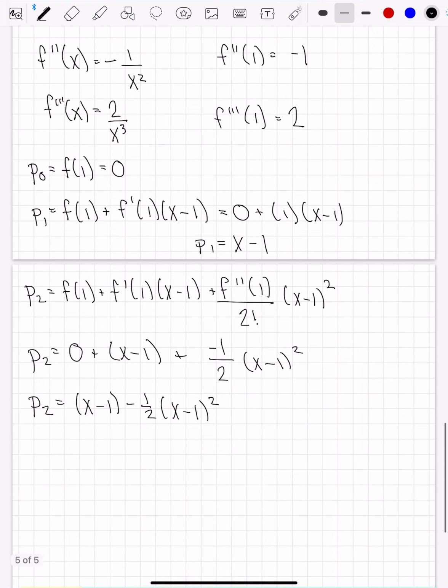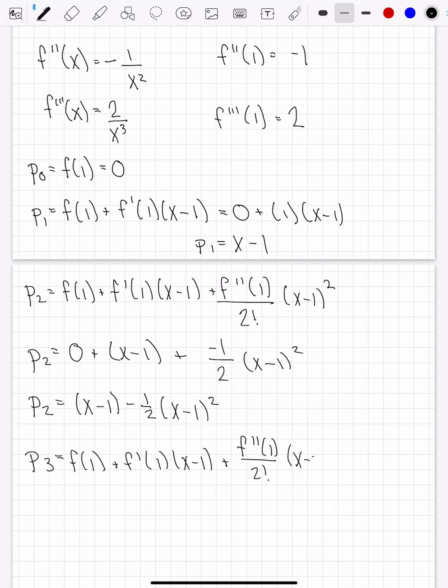And then finally, last but not least, we do P3, which is all of those terms that we already had for P2. I'm just writing out the formula for completeness' sake, so you can see it, since this is the first time you're seeing it.